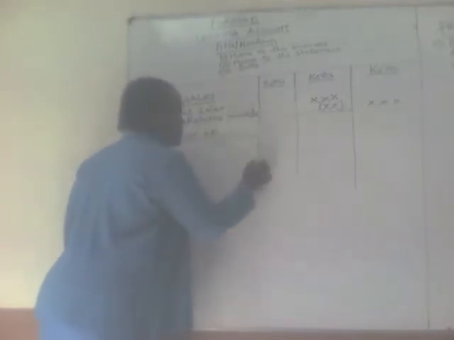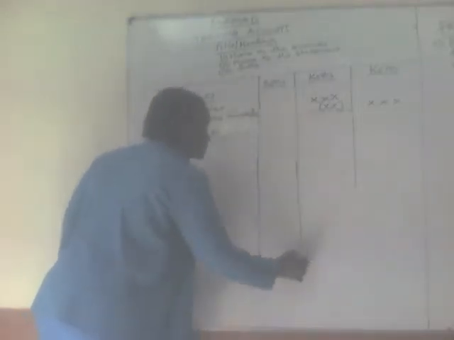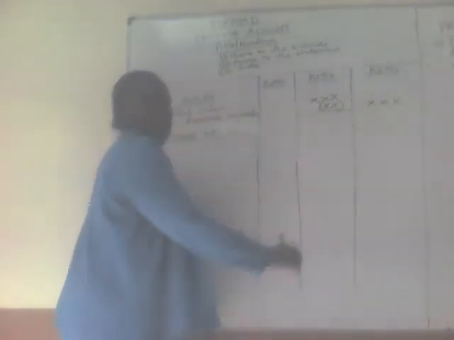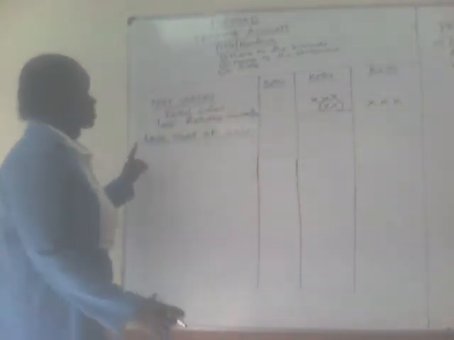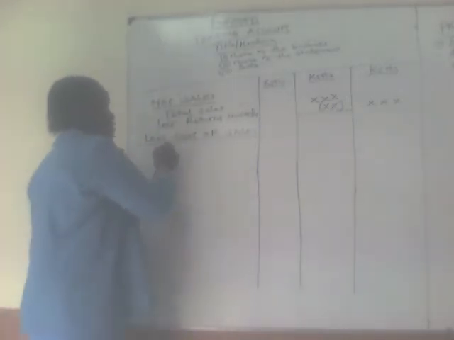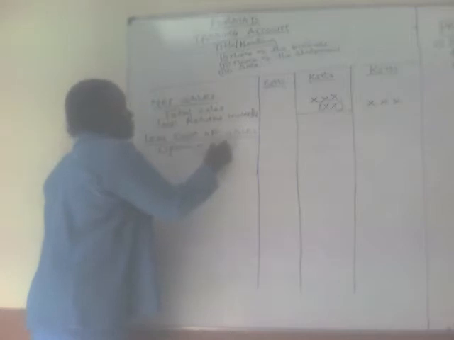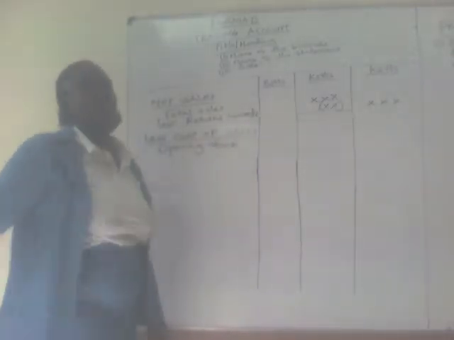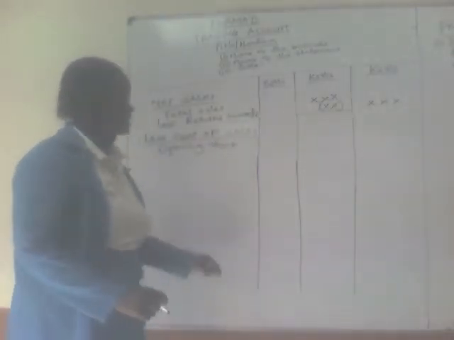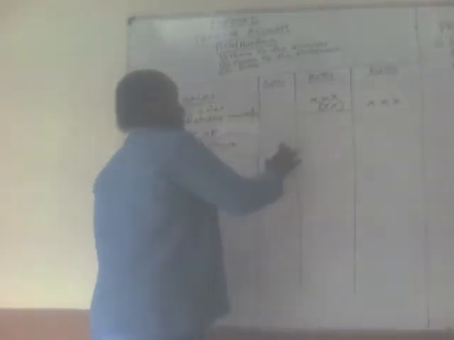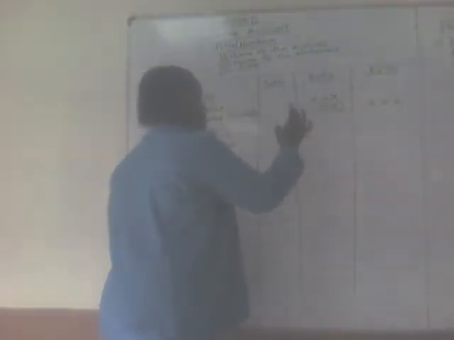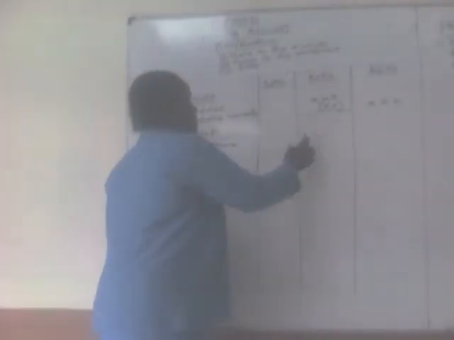We go back to our formula. To get the cost of sales, we say it is the opening stock, the stock at the beginning of the business. You write it in the second column, the straight line. Make sure you align your figures.